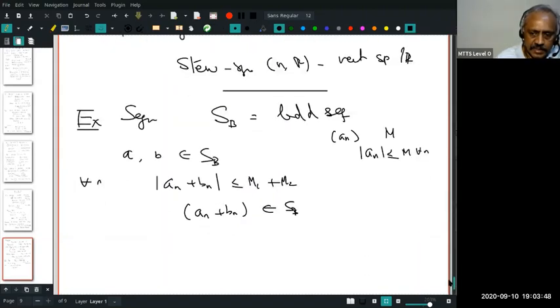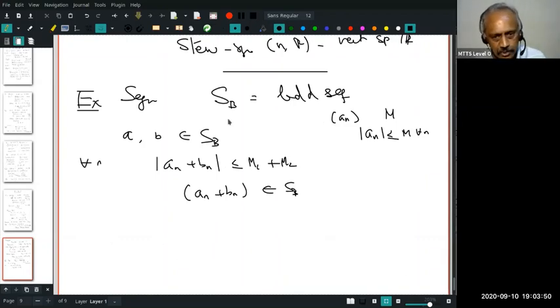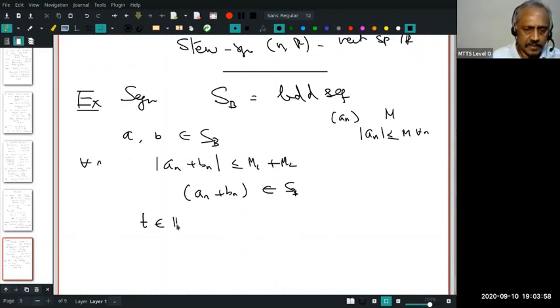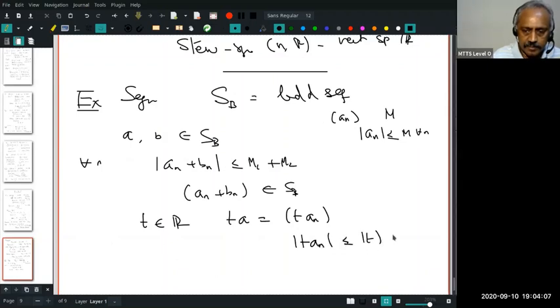You understand that? So we know how to add two sequences. If I take two bounded sequences, when I add, I again get a bounded sequence. And similarly, if I take a scalar, then t times A will be the sequence t An, and mod t An will be less than or equal to mod t into M. Therefore, this is also a bounded sequence.